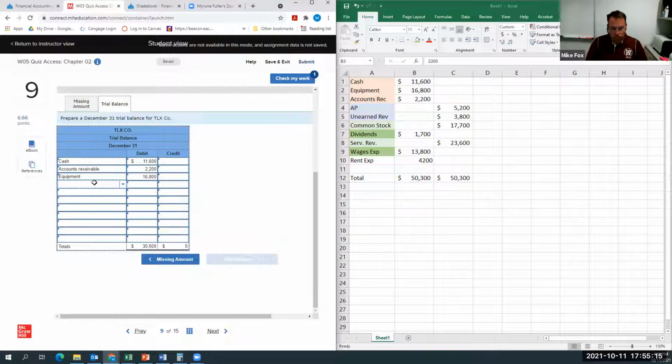Then we'll have accounts payable, credit of 5,200. Unearned revenue with a balance of 3,800. Common stock, balance of 17,700.